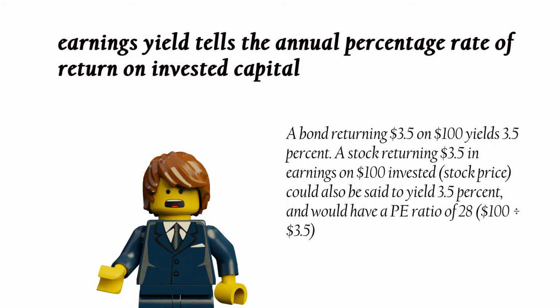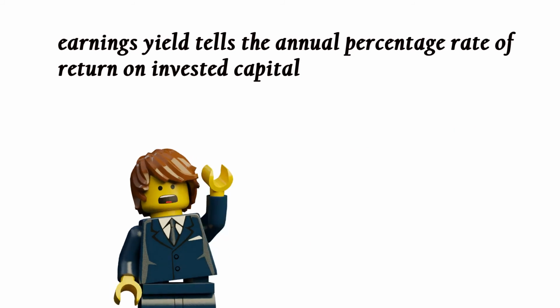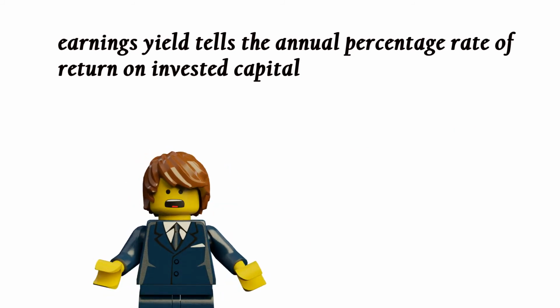A stock returning $3.50 in earnings on $100 invested, stock price, could also be said to yield 3.5%, and would have a PE ratio of 28, $100 divided by $3.50. Earnings yield makes the meaning of PE more clear and can be used to compare to other investments including bonds.